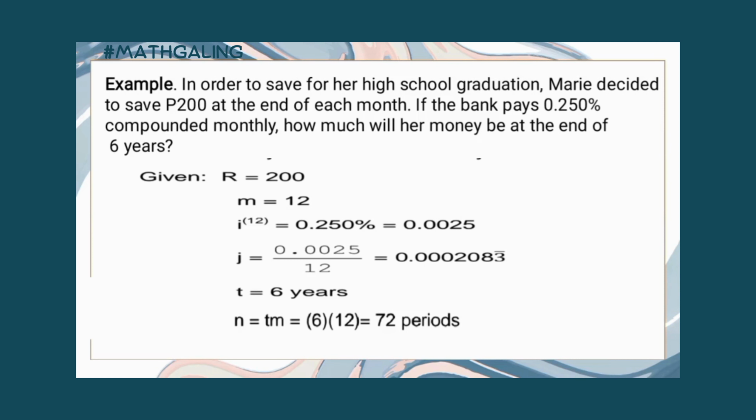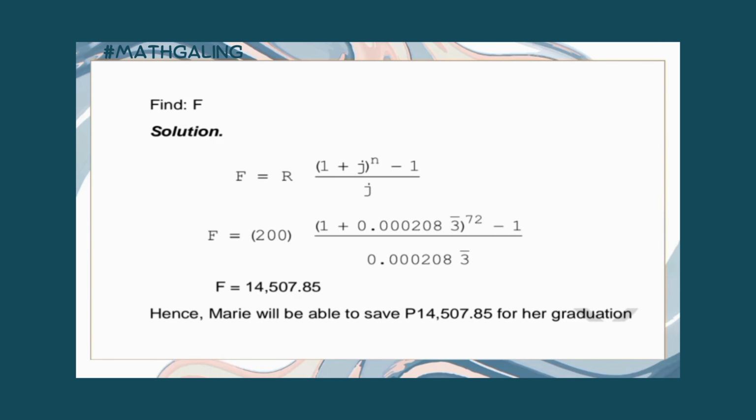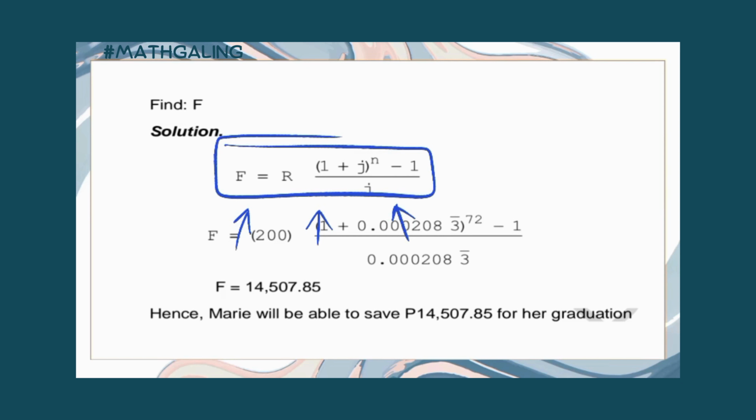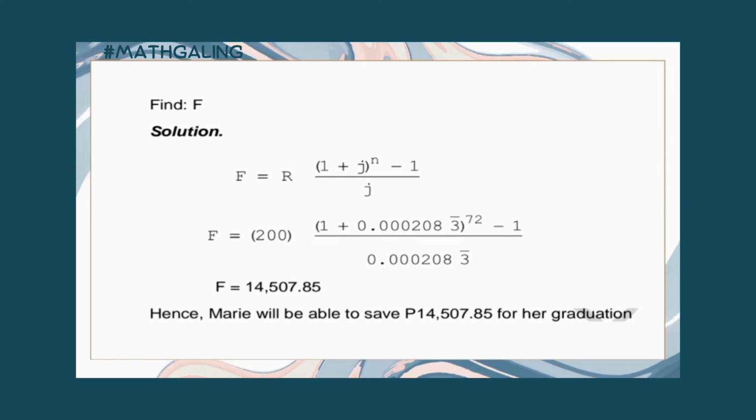Find F. So here is the solution. We are still finding the future value, so using the formula, let's just substitute all the given values. Future value is equal to 200 times the quantity (1 plus 0.0002083) raised to 72 minus 1, all over 0.0002083.